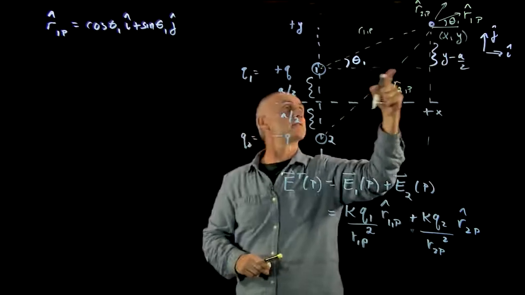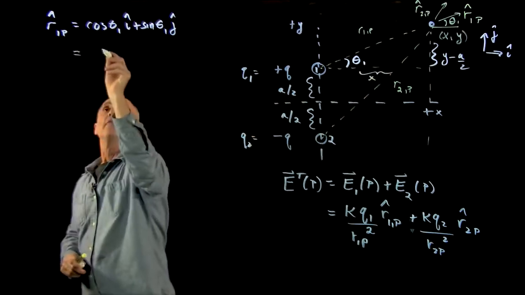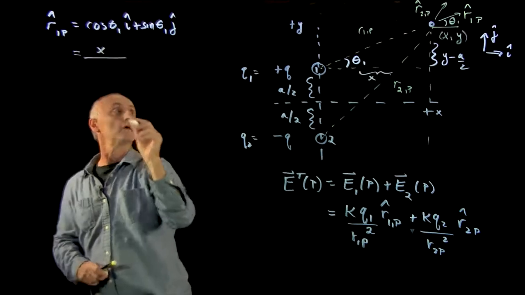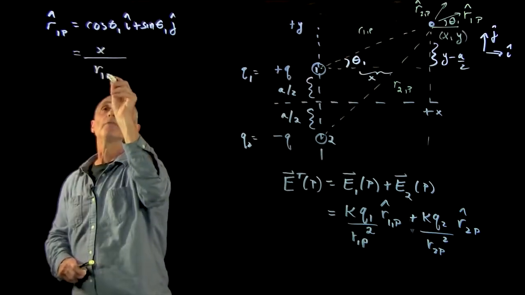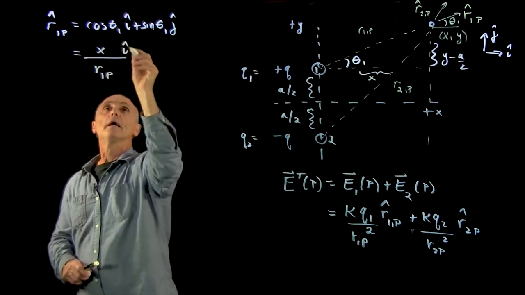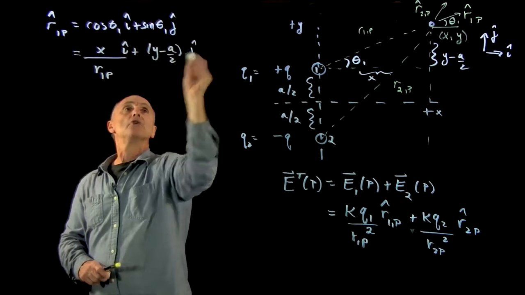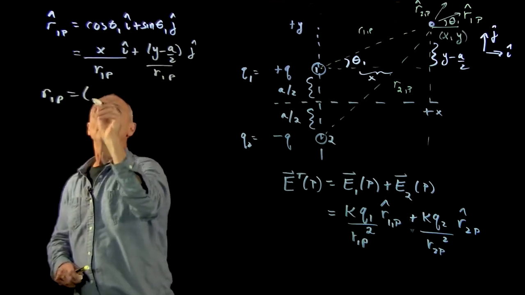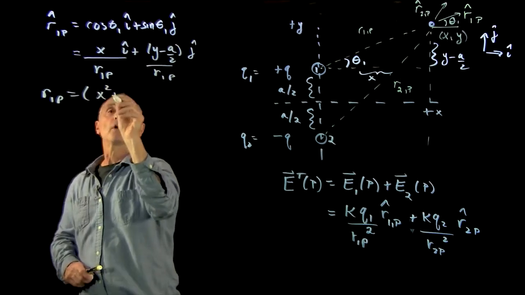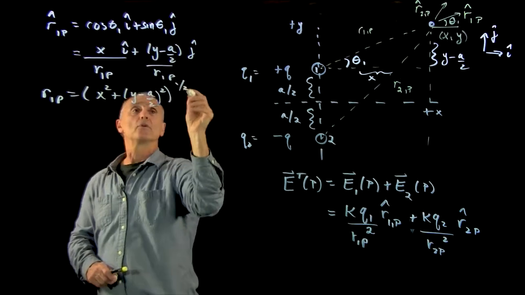And again, this horizontal distance here is x. So we have x over, and the Pythagorean theorem, I'll just write it as r1P for the moment, i hat plus y minus a over 2 j hat over r1P, and r1P is equal to x squared plus y minus a over 2 squared to the 1/2.